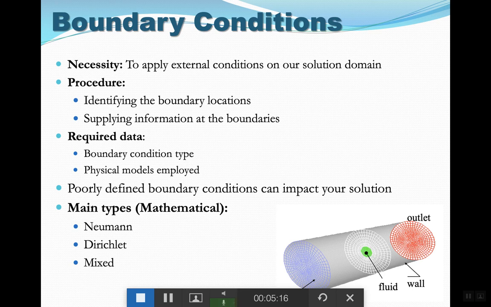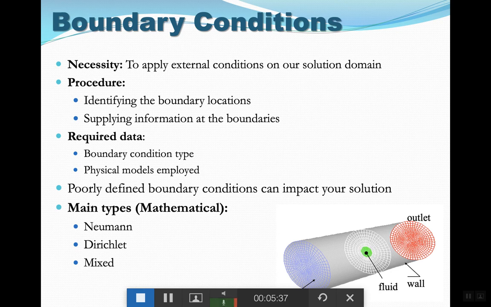That's kind of an easy part. The second part is, okay, now I know where the boundaries are. Now I have to supply the required information at those boundaries: velocity information, temperature information, mass flow information, and so on and so forth.